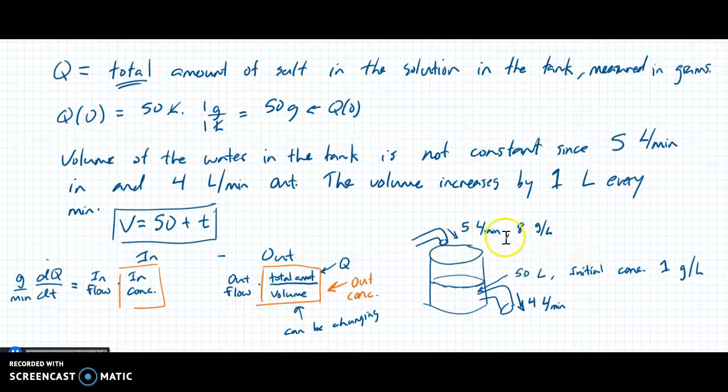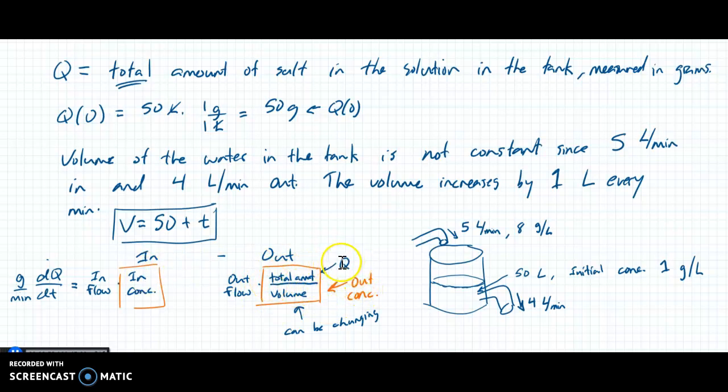But what I want you to see is the in concentration is generally easier to find because it's given to us, 8 grams per liter. On the way out, it's mixing. It's dependent on how much is coming in, and on how much time has passed. So generally this out side is more complicated to find, but it's really just finding the out concentration.